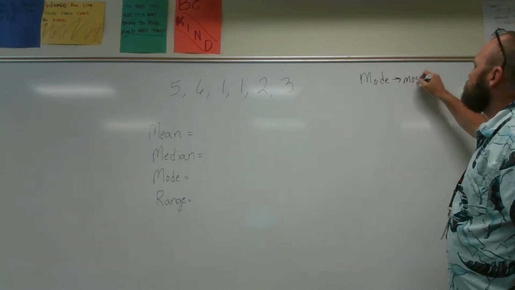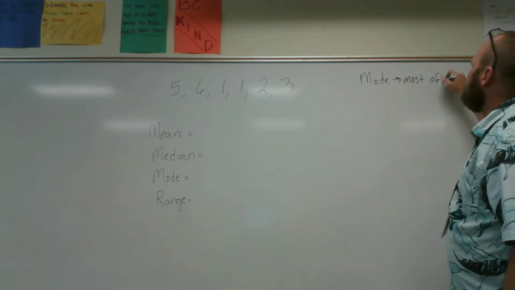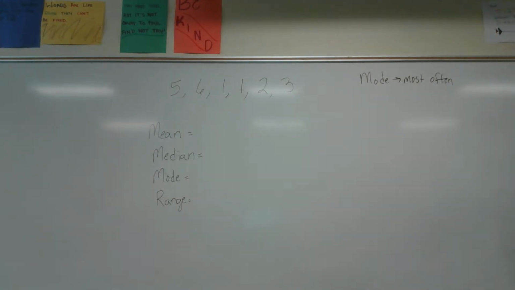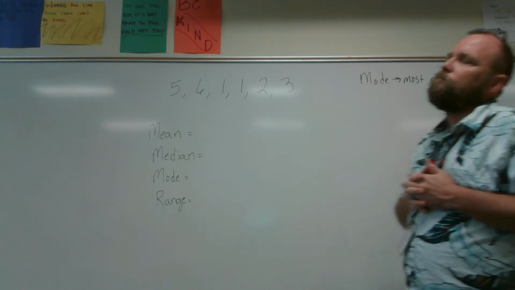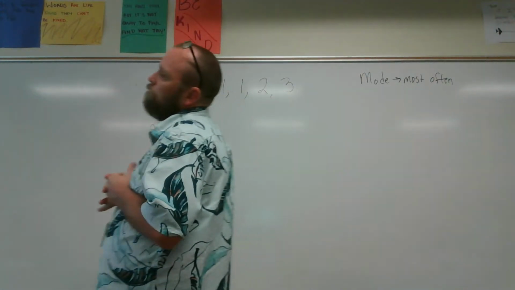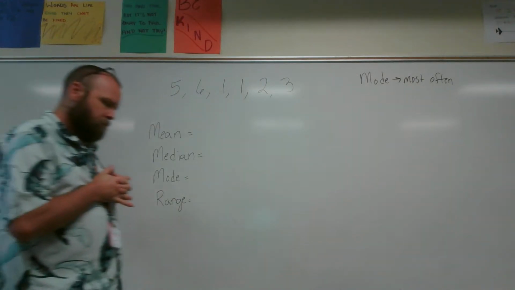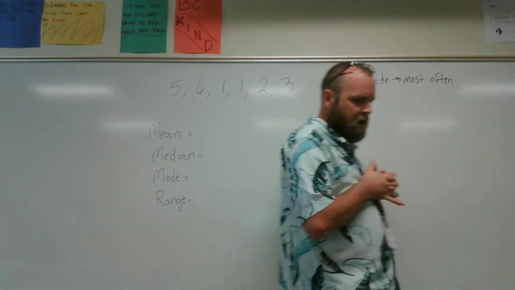It is not uncommon for a data set to have more than one mode. This happens when two or more elements occur with equal frequency in the data set. A data set with two modes is called bimodal. A data set with three modes is called trimodal.